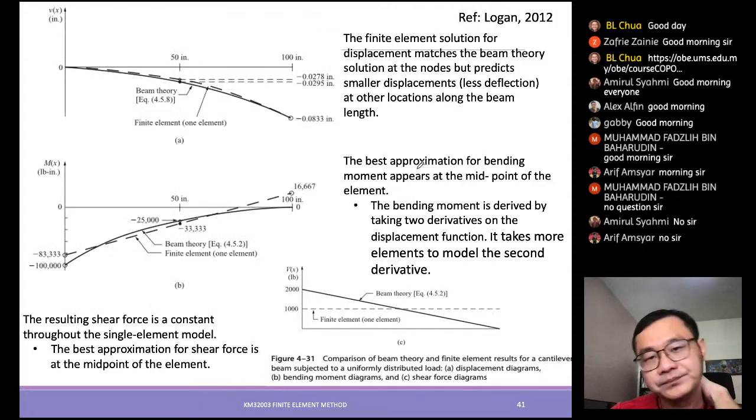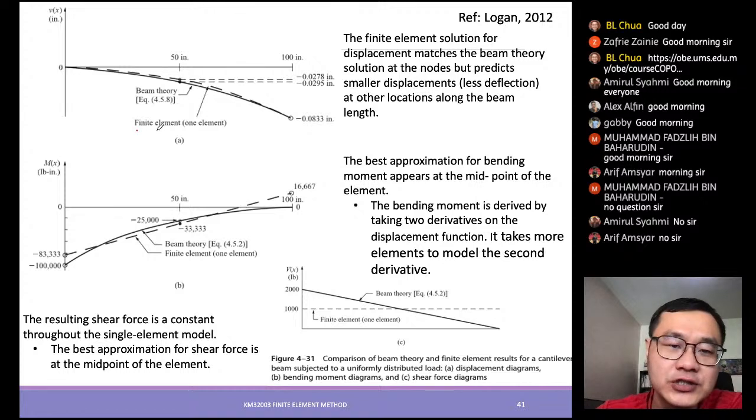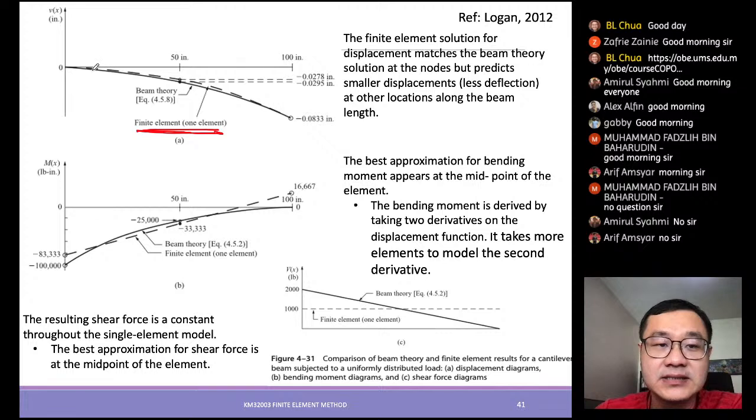What happened is that if we are using only a single element, you can see the result is the dotted line, whereas for the beam theory it is the solid line. You can see that the exact values that match the beam theory actually occur at the node.